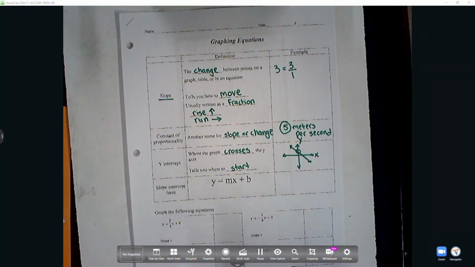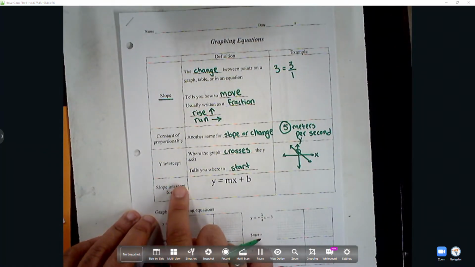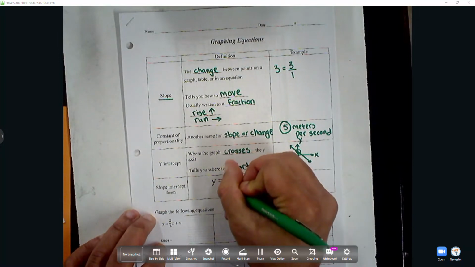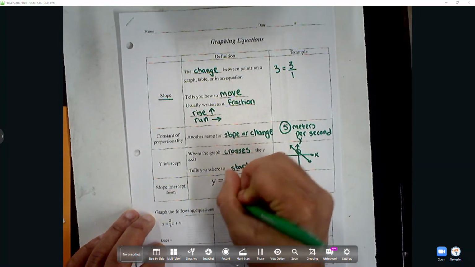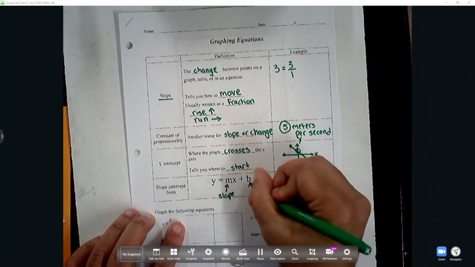Then we have this equation that we've seen before. y = mx + b. We worked on using this equation to model a situation last unit. In this unit, we're going to use this to do tables and graphs. It's actually called slope-intercept form, and the reason why is m represents the slope, and b represents the y-intercept.